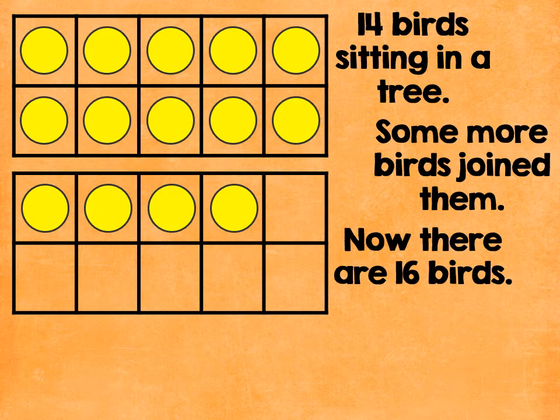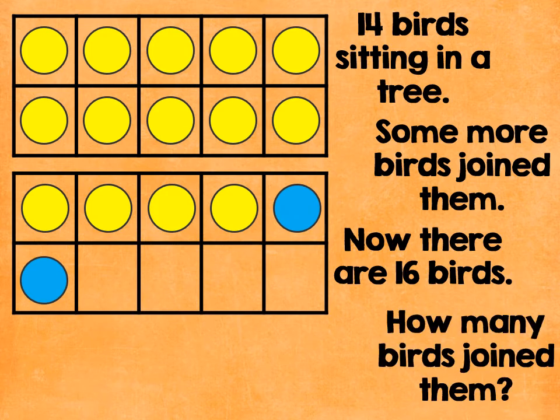So if I know that I have 14, I have a full tens frame and 4 more is 14, and I need to get to 16. So there's my 16. So how many birds joined them? 1, 2. Great job.